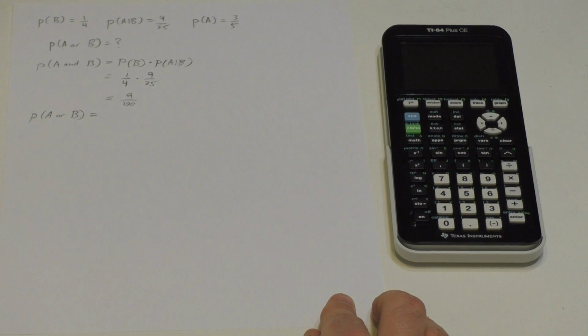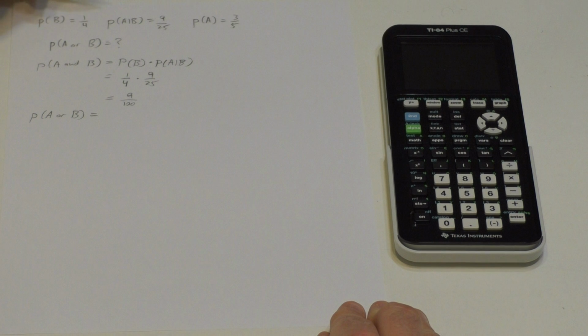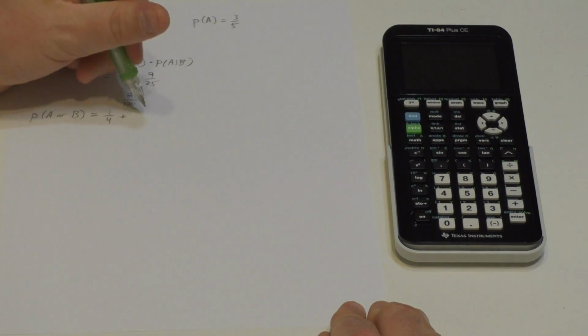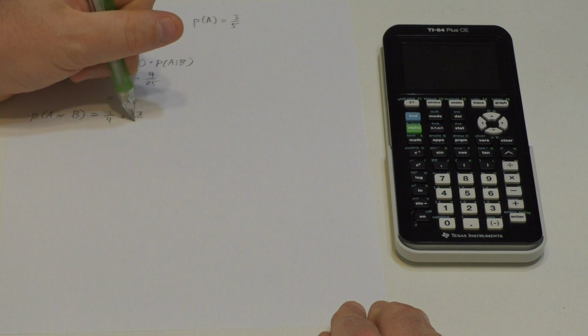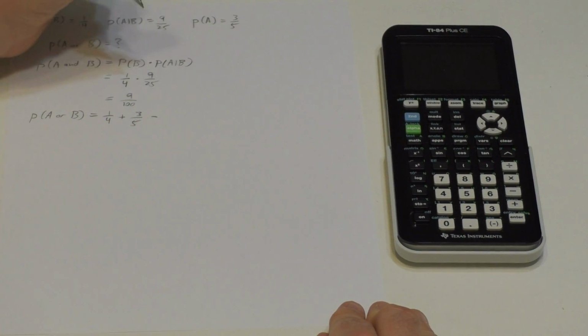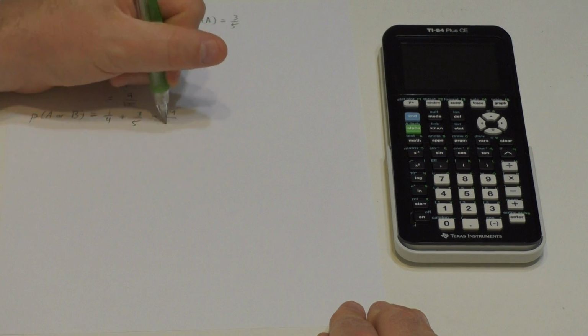I'm just going to take the probability of B plus the probability of A minus this right here, the probability of A and B. So that's 1/4 plus 3/5, minus 9/100ths.